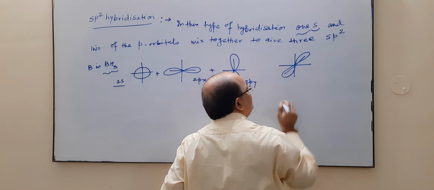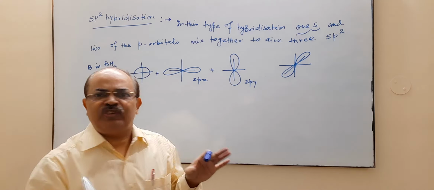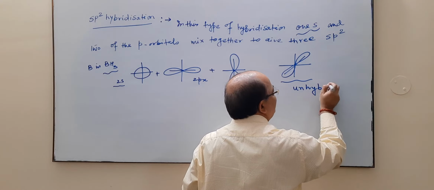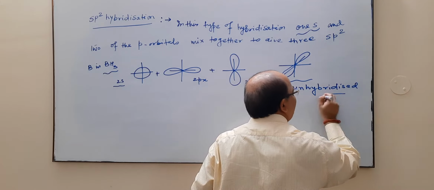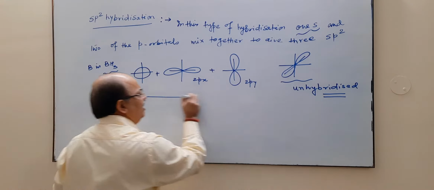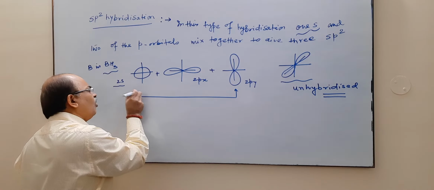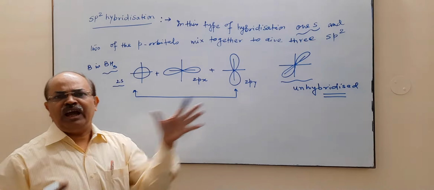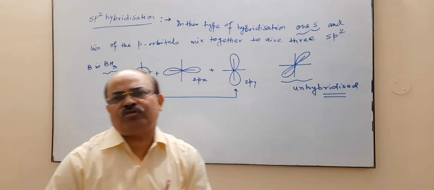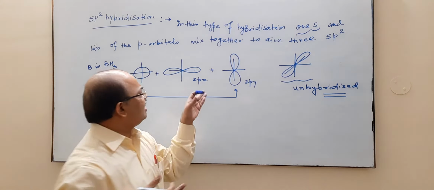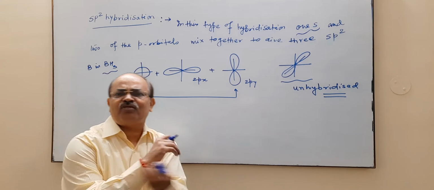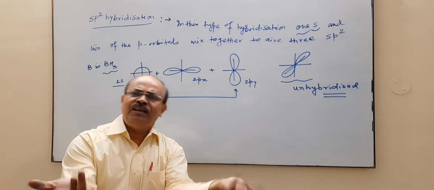But for this pz we are not giving a plus sign because it is not taking part in hybridization. So this is unhybridized. It will not take part in hybridization. In hybridization only these three orbitals, s, px and py, means out of the 3 2p orbitals, will be used. It is not necessary that we take px and py, because we write x, then y, then z, so we wrote x and y. If someone says sir, we take y and z, you can take them.